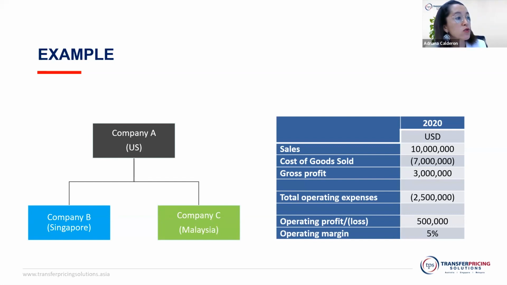So I would choose the tested party, which logically will be the distributor entities, not the entrepreneur, in this case company C and company B. Then what I will be testing is the operating margin, which is the return on sales after all costs, including cost of goods sold and operating expenses. Even though this is a profit method, it works differently to the other transactional methods.